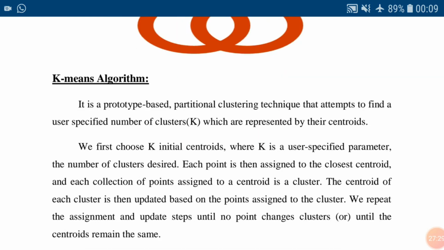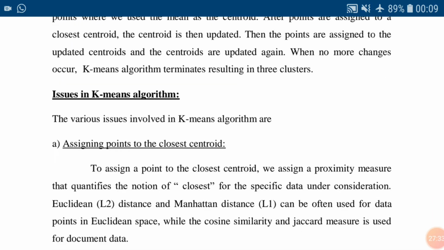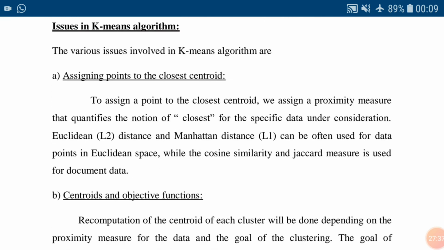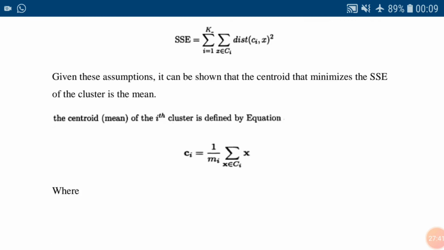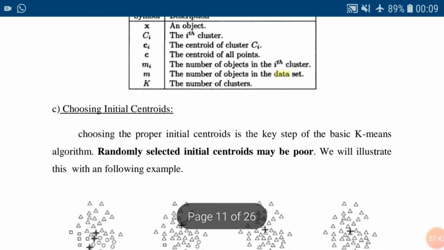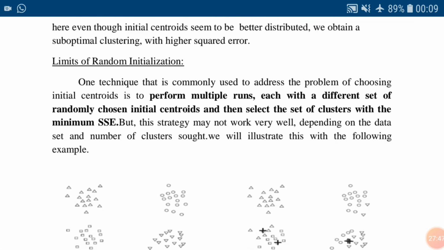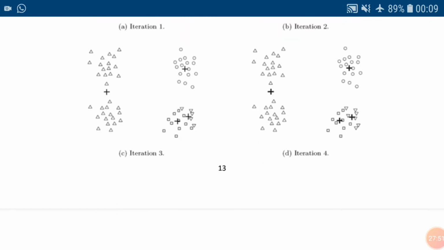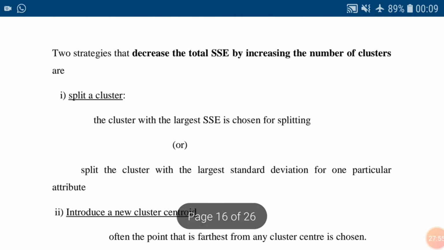We have the k-means algorithm and the agglomerative clustering algorithm. First in k-means we have to see what the different issues in the k-means algorithm are. Next we will see some additional issues in the k-means algorithm.